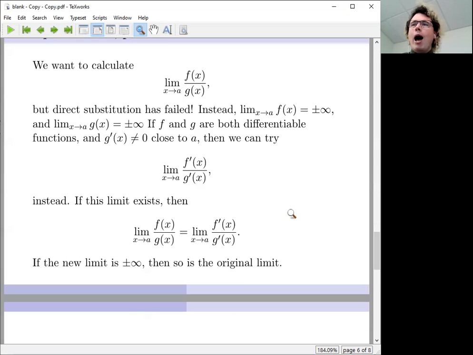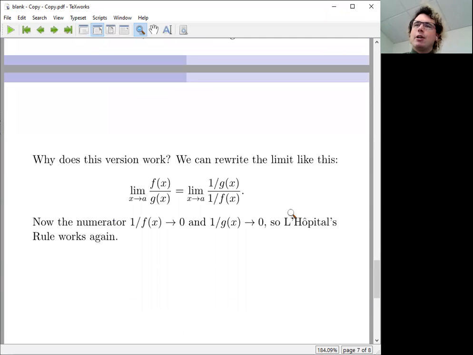Now, why does this actually work? My situation is that f of x is tending towards infinity or possibly minus infinity. g of x is also tending towards infinity or possibly minus infinity.